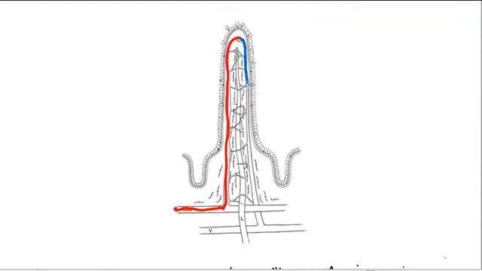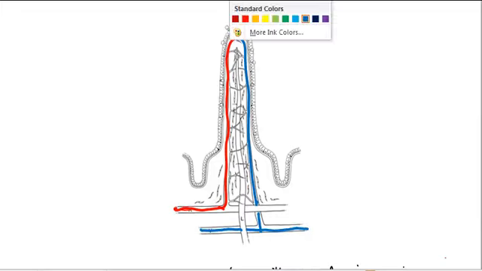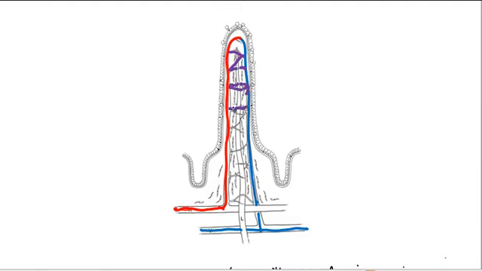Continues on down. What I'm drawing is blood coming in an artery and out of a vein. And as it progresses along, it becomes less and less oxygenated, hence why it changes color. We'll talk about that in the circulatory system. In the middle, it'll be kind of purple, a mixture of blue and red. And it makes a net around, network back and forth.